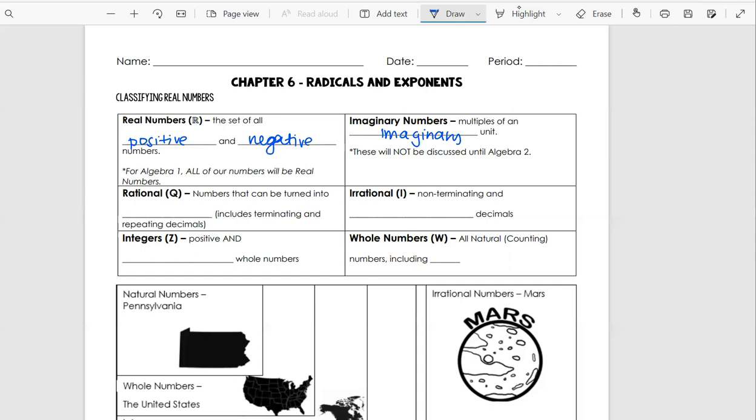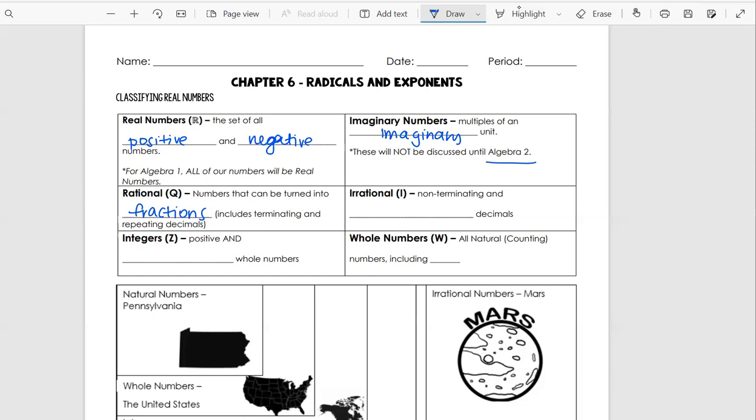Thankfully, guys, we do not need to stress about imaginary numbers because we will talk about them in Algebra 2 next year. The next set of real numbers is rational numbers. These are numbers that can be turned into fractions. Rational numbers can be fractions.